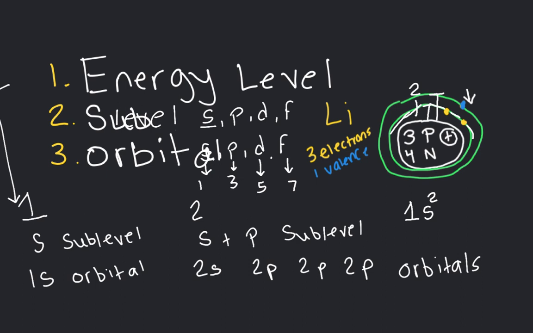Now, once you move to the second energy level, you put a 2 for second energy level, and you'll notice that in the second, well, it's hard to show it here, we'll see it on the periodic table, but in the second energy level, you start with the S sublevel again, and there's only 1 S orbital in that sublevel, and you can fill 2 electrons in the S orbital, but lithium only has 3 electrons total, and you can see there's only 1 electron here in the second ring, so we put a 1 to represent this 1 electron, and then these 2 electrons you can see here are represented by this 2 here.